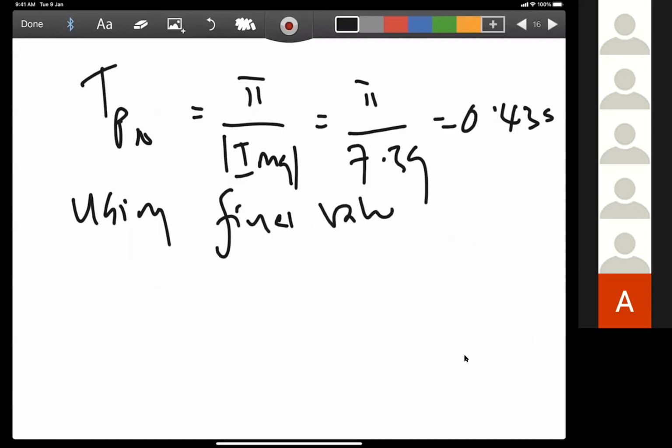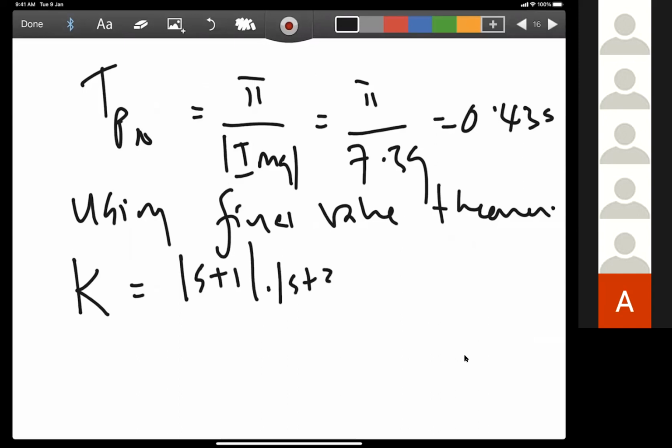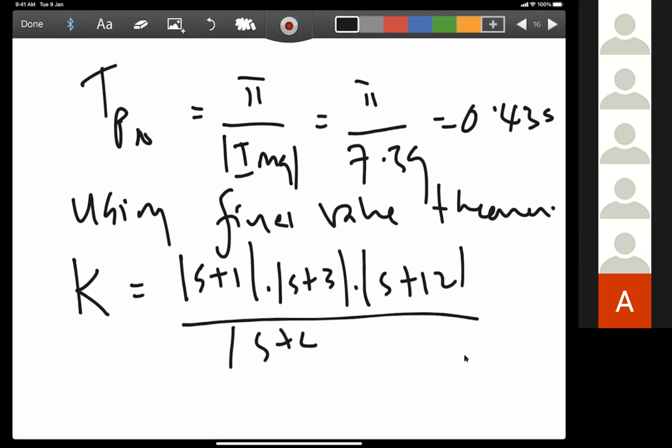Okay. And using the final value theorem. Okay. So K is equal to the product of S plus 1, S plus 3, S plus 12, S plus 4.49 at the dominant pole's value. What is the dominant pole's value just now? Okay, you find it. So it will be 88.9.